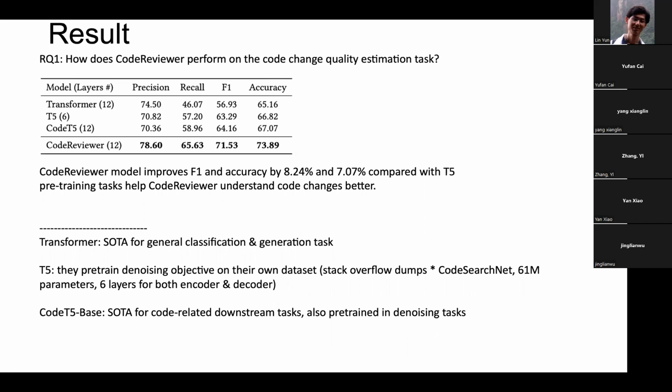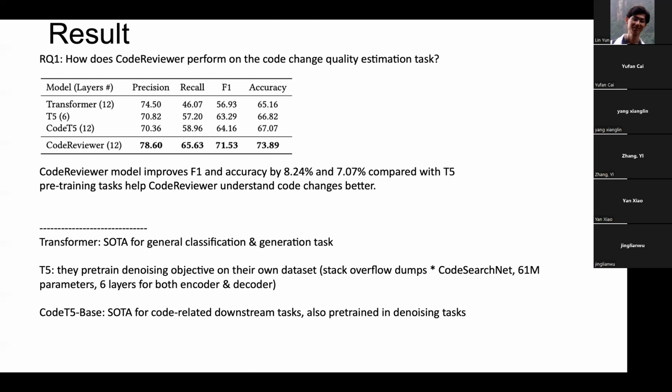Let me clarify, and rephrase the question in this way. The 3 baseline models and this code reviewer, their approach, share the same input and output, right? Yeah, they design and share the same input.